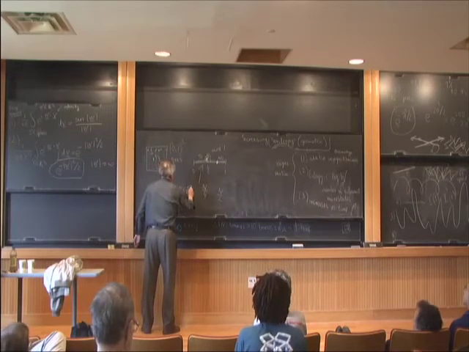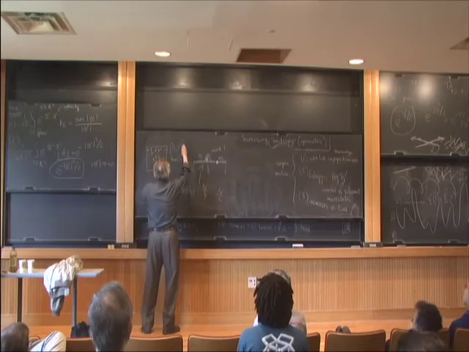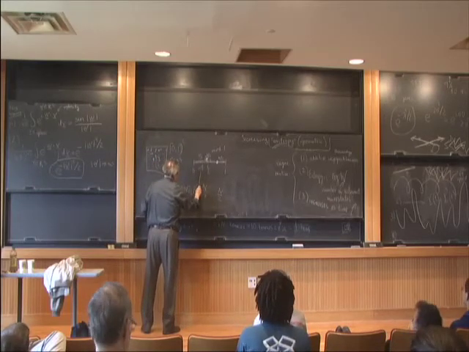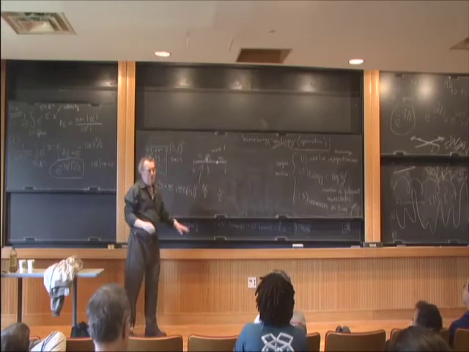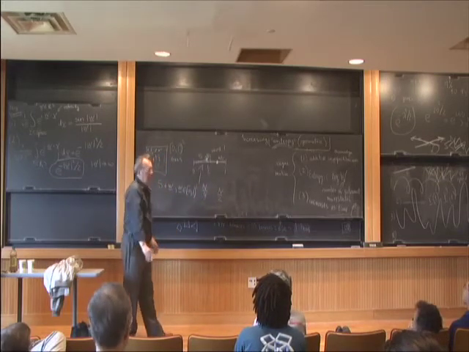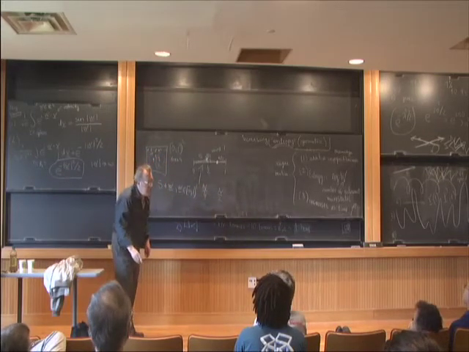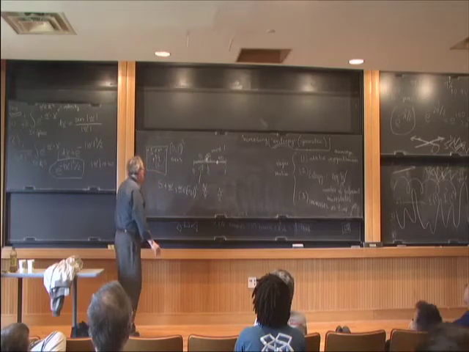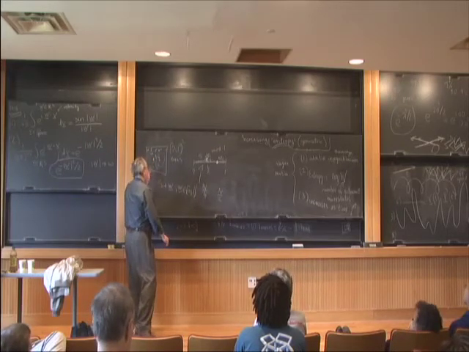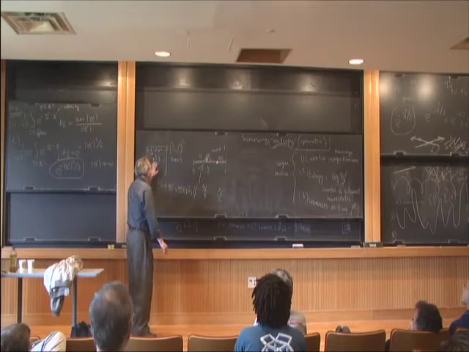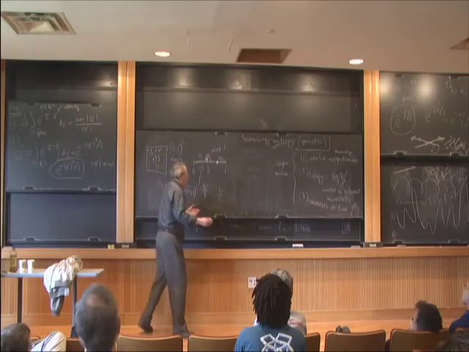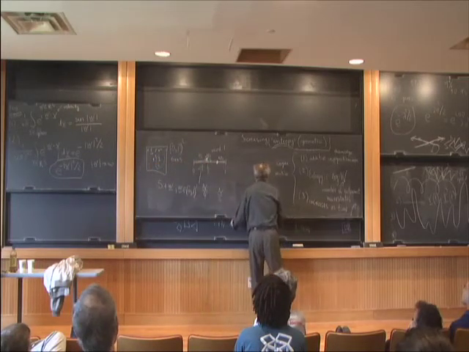Actually, it works in any dimension, but I just pick the two-dimensional case for simplicity. You average over translations. Actually, what I do, I simply take the square integral of the error.